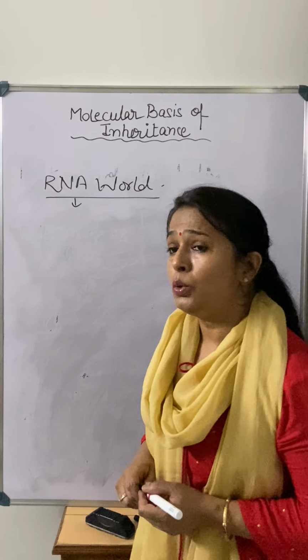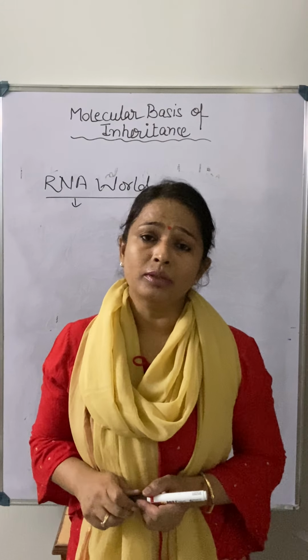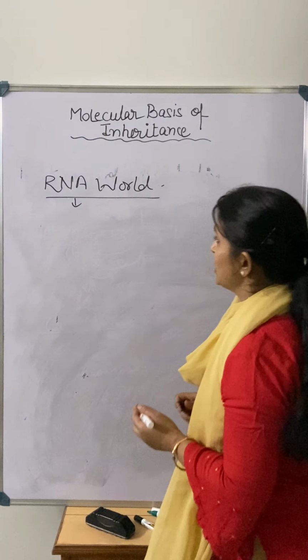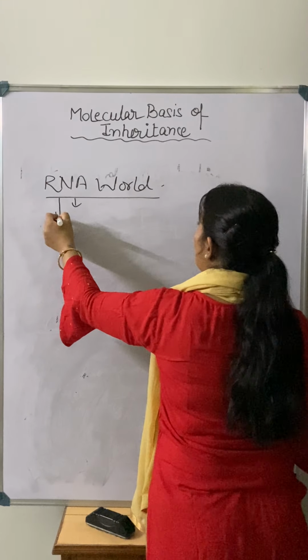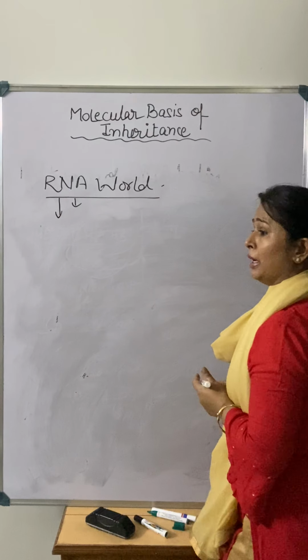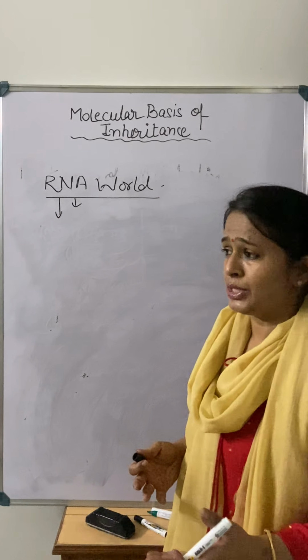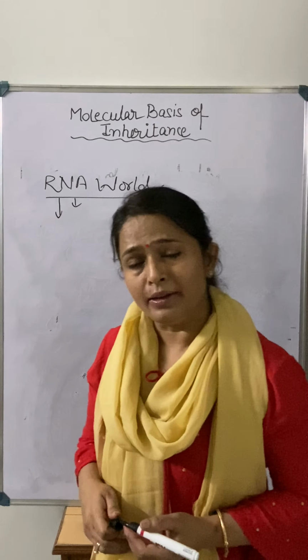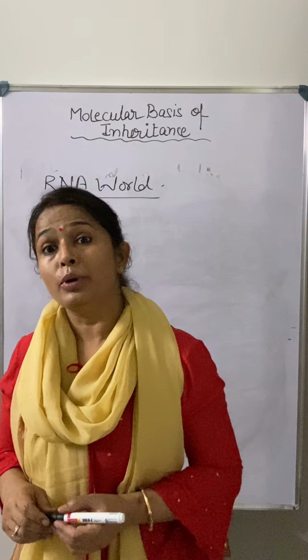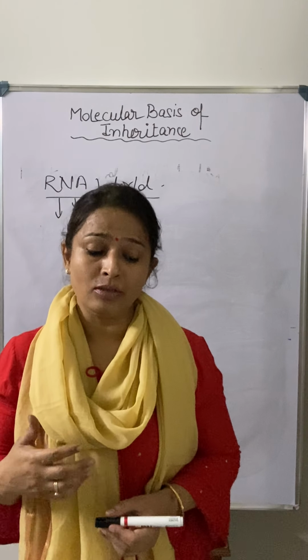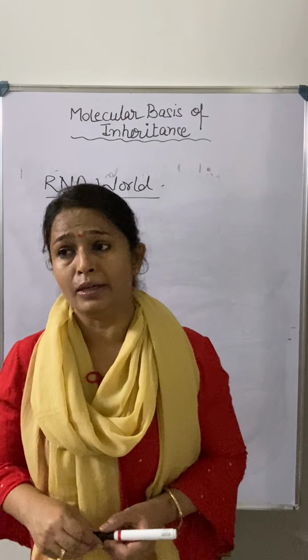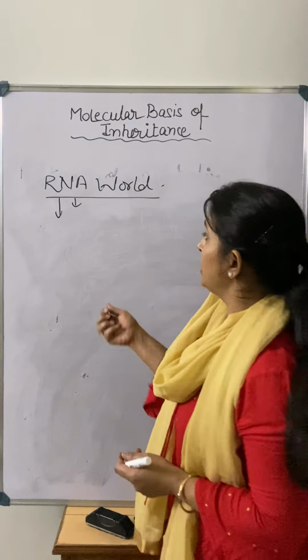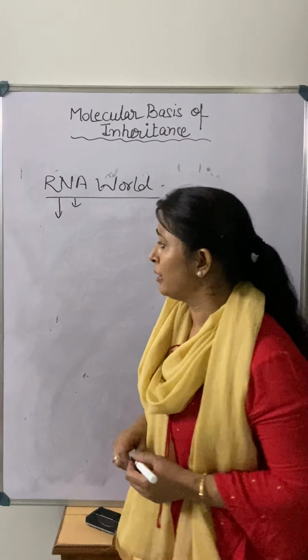If we go back in the history of genetic material, we will get to know that RNA was the initial genetic material, from which all the organisms originated. When we talk about the virus, it is just a protein coat that surrounds the nucleic acid, and that virus is having RNA, right? So RNA is actually the most ancient genetic material, right?